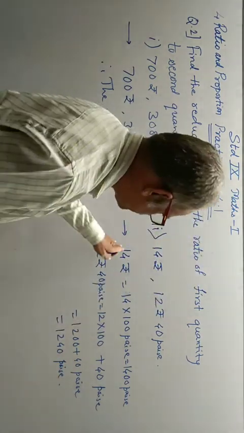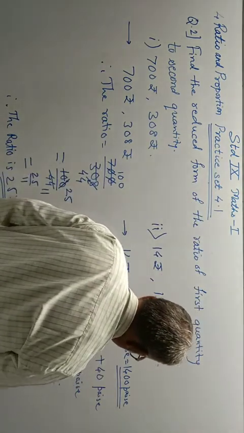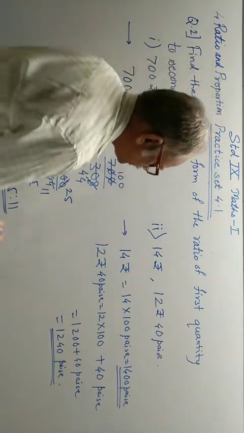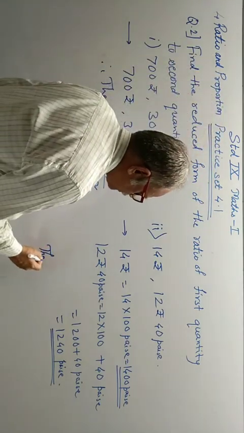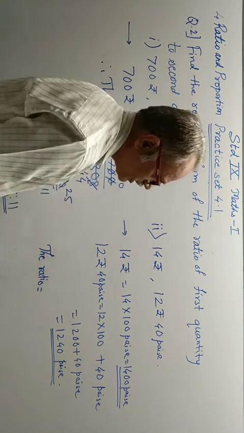First we have converted the first quantity, then the second quantity in the same unit, paise. Now we have to take the ratio first with second. When one is rupees and other is paise, we cannot do it.